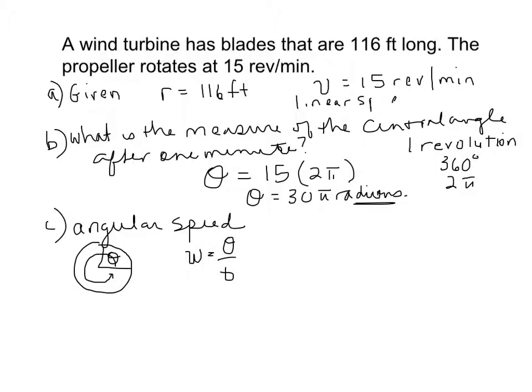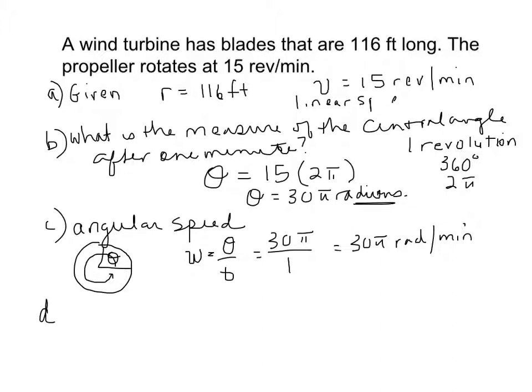Our time is in minutes. Our angular speed is going to be the angle that it is in one revolution, so this is going to be 30 pi radians in a minute. So this is 30 pi radians per minute, and that's angular speed. That's how fast the angle is changing as the wind turbine is spinning.